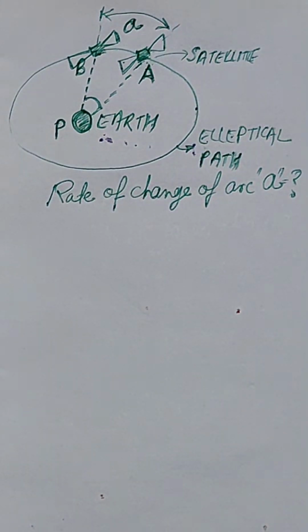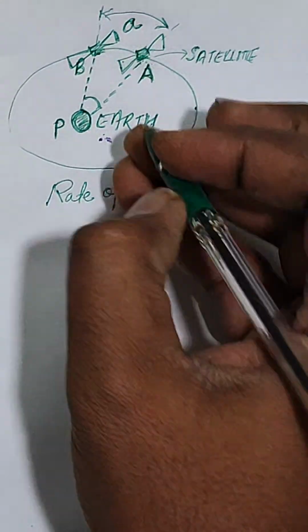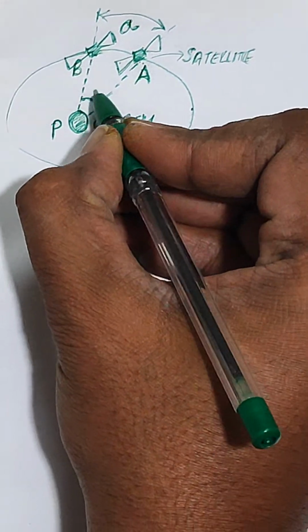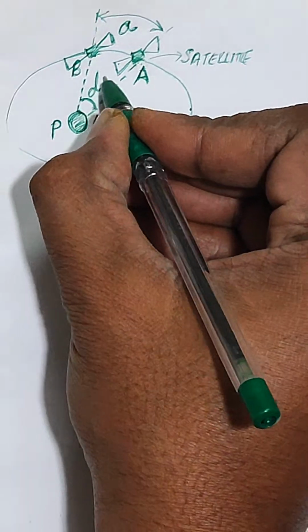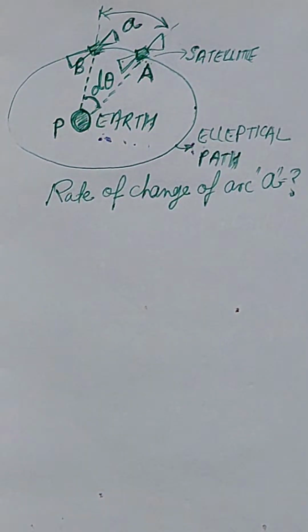Now, my dear friends, what we need to do is, let us say that the satellite moved from A to B and the arc A is covered. And let us say this theta is d theta, the angle subtended by the arc at the center.